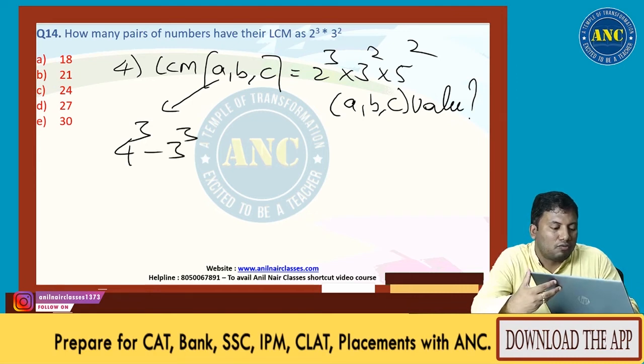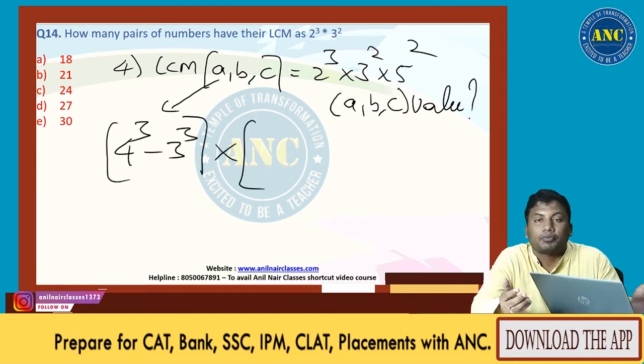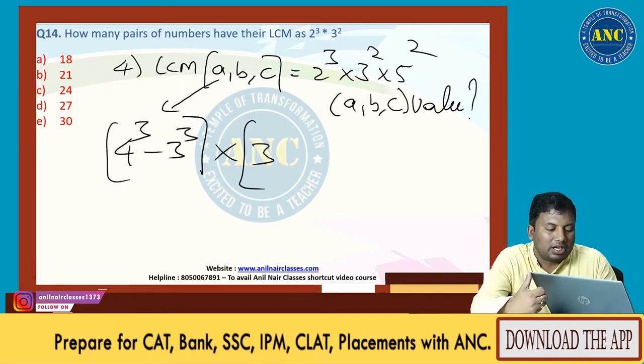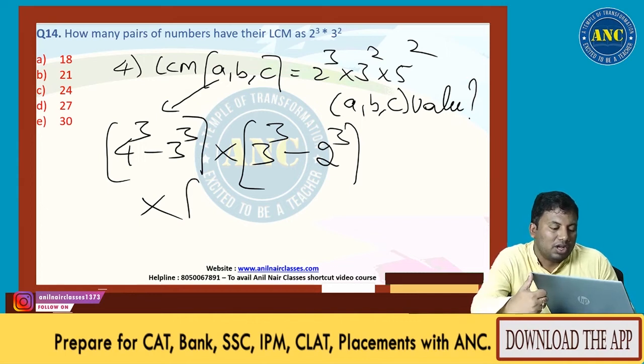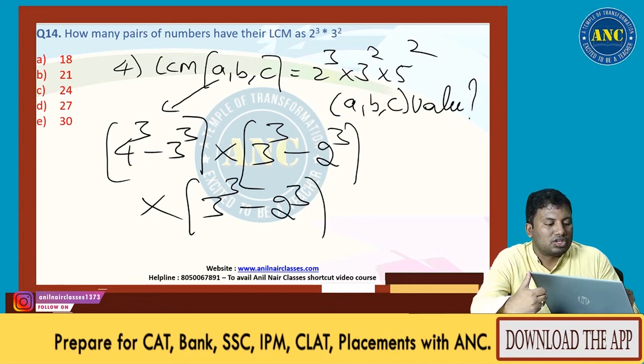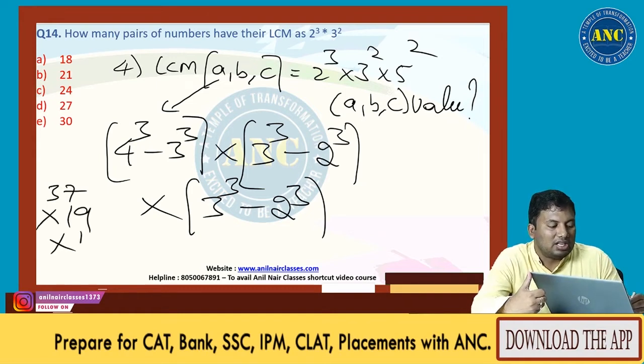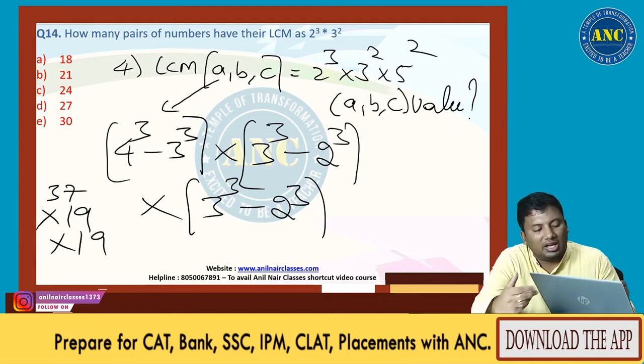B will take from 3 power 0 to 3 power 2, 3 cases. 3 variables, 3 cube minus 2 cube. C will take from 5 power 0 to 5 power 2, 3 cases. 3 variables, 3 cube minus 2 cube. So 64 minus 27, which is nothing but 37, into 27 minus 8, 19, into 27 minus 8, 19. I hope the idea is clear.